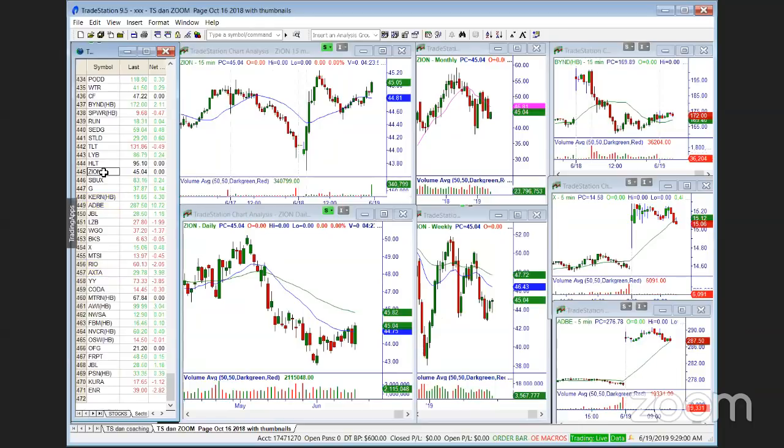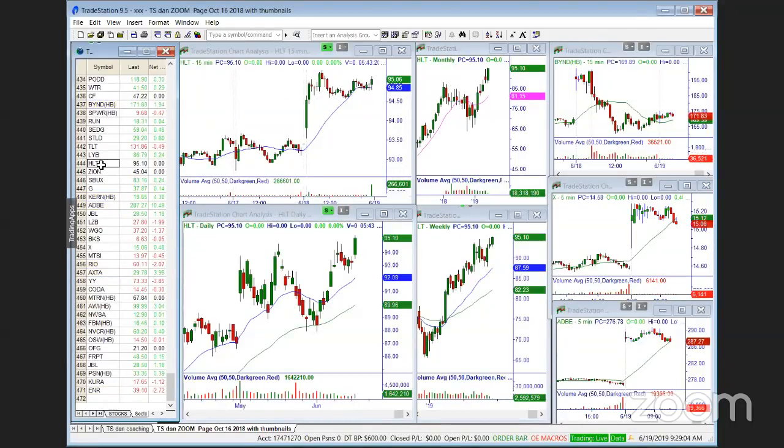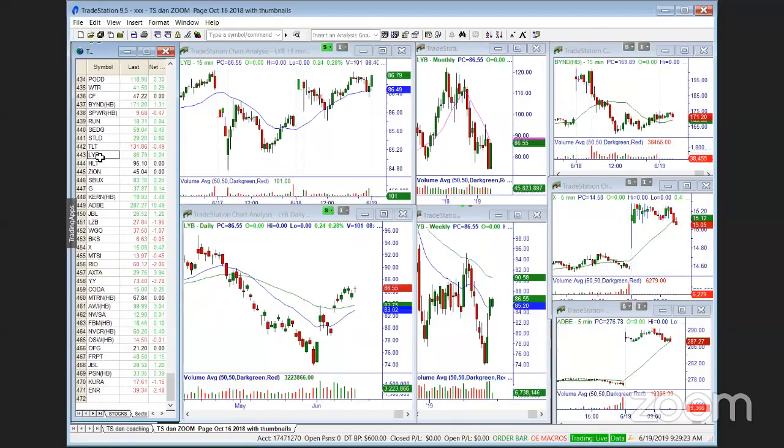Zion, I like the 2-bar reversal with a price void above. Hilton, I like that. That's a beautiful breakout. That looks beautiful, all time frames. That's tier 1. It's not a gapper, but it's beautiful. I'm putting that in a window. You got a nice 15-minute close, LYB.